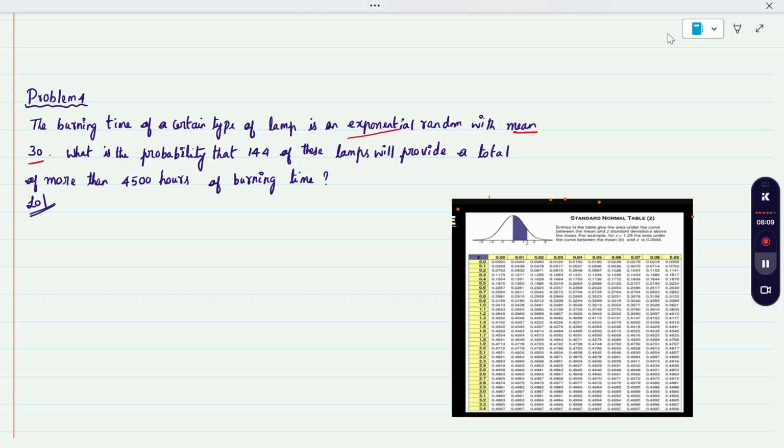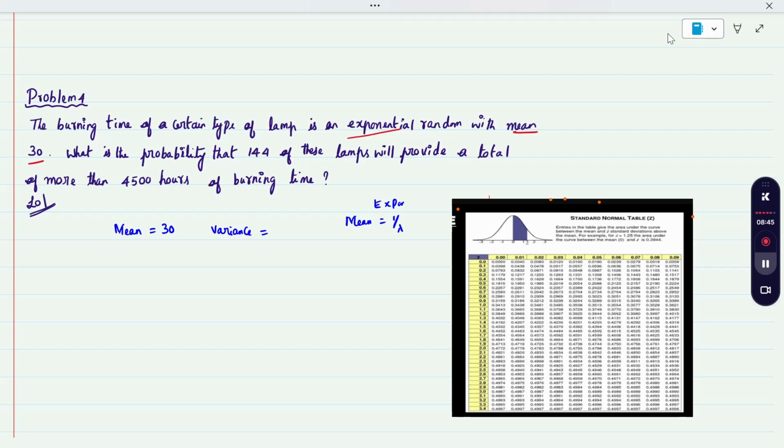So now, what is the question given? Mean, we know that mean of exponential distribution is 1 by mu. So mean in the question is given to be 30. Variance, we know that mean is 1 by lambda as per the exponential distribution.